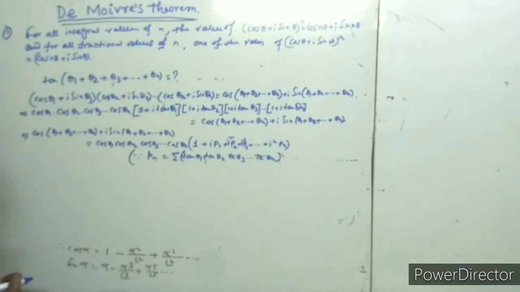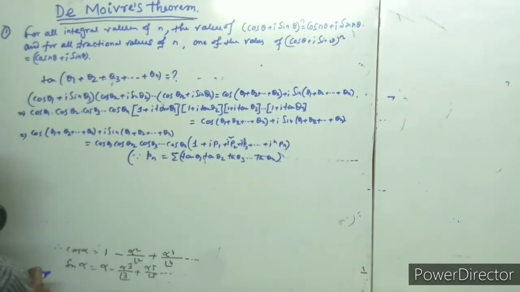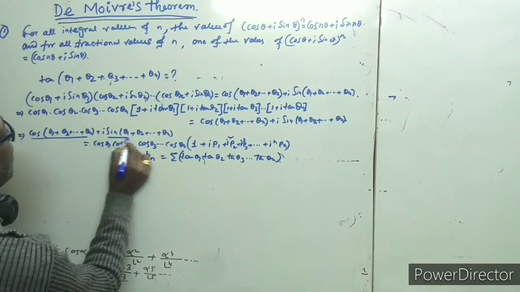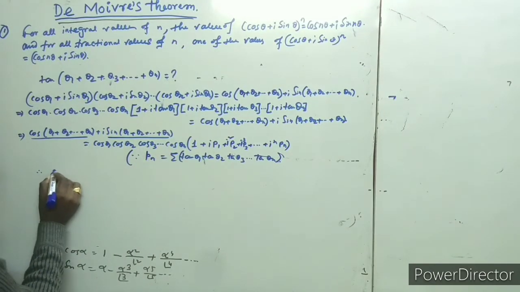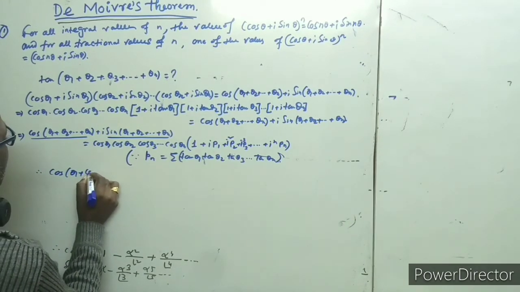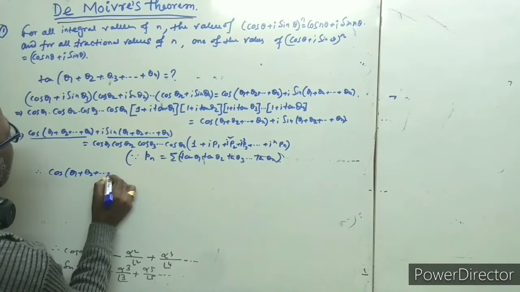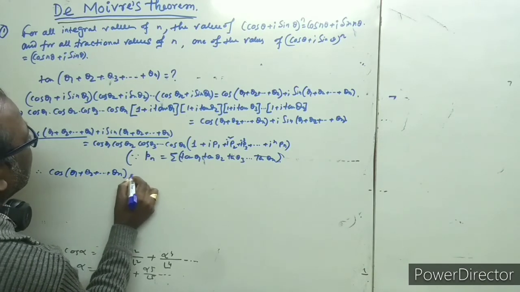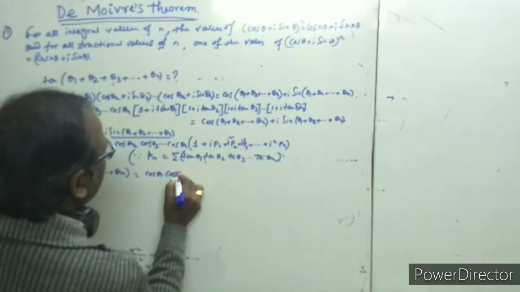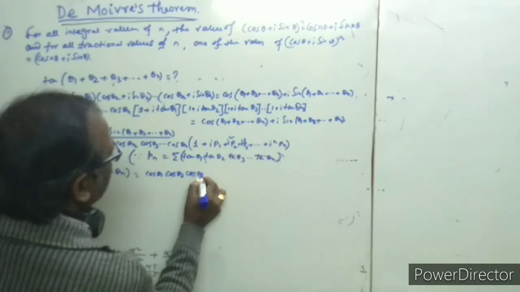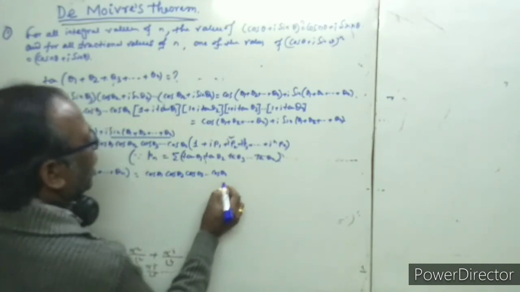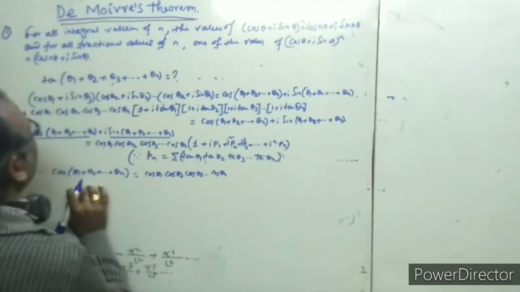And now after that, we can easily compare the real and imaginary parts. Therefore, we can write here cos of theta 1, theta 2, dot dot theta n, and this is equal to cos theta 1, cos theta 2, cos theta 3, dot dot cos theta n, which is the real part on the left hand side.